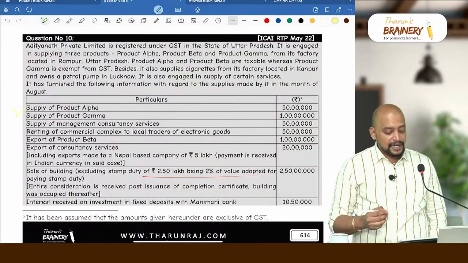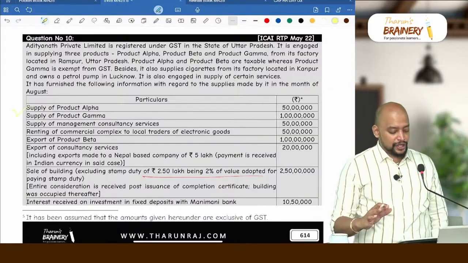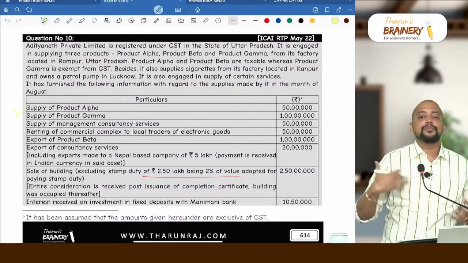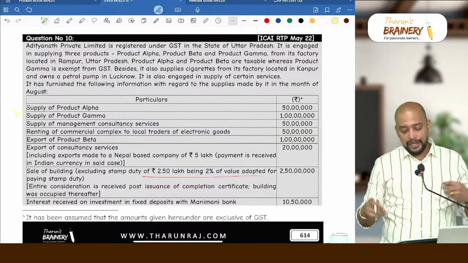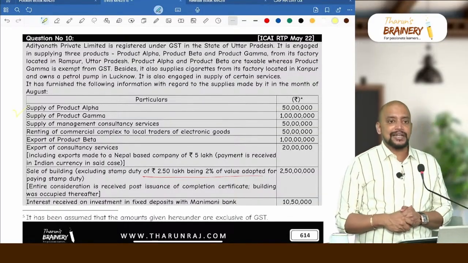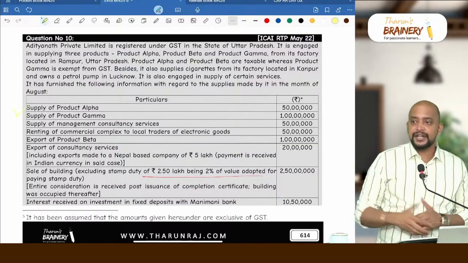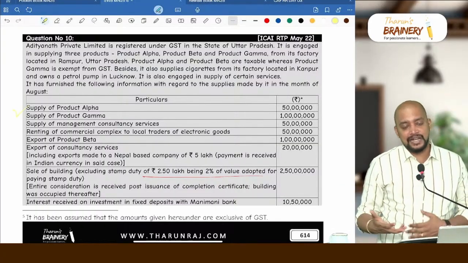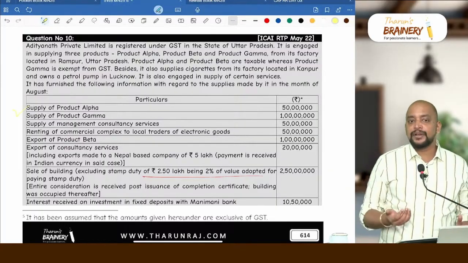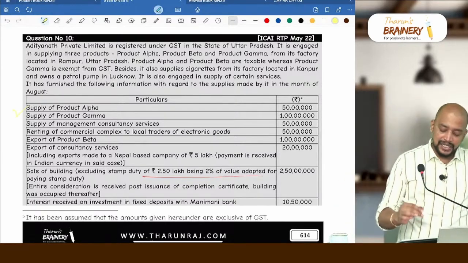Next one, renting of commercial complex to local traders of electronic goods. Basically remember, whenever we are giving commercial property on rent, there is one amendment now. In case of renting of commercial property, if the supplier is unregistered and the recipient is registered, it will be covered under RCM. But here the supplier is registered, so RCM will not come, it will be FCM. So Adityanath Private Limited is registered under GST.